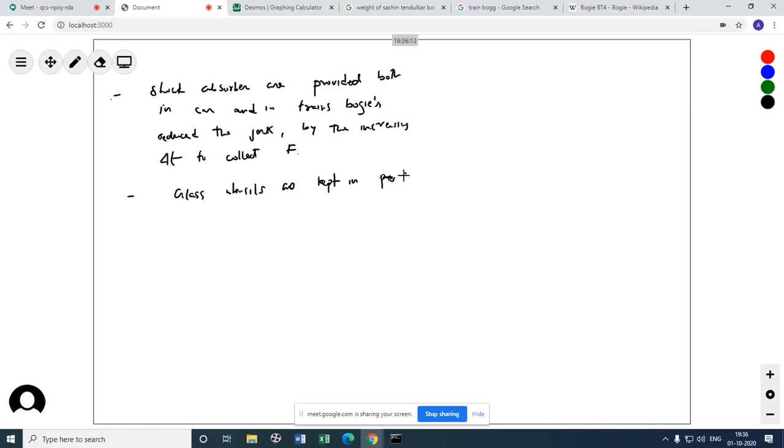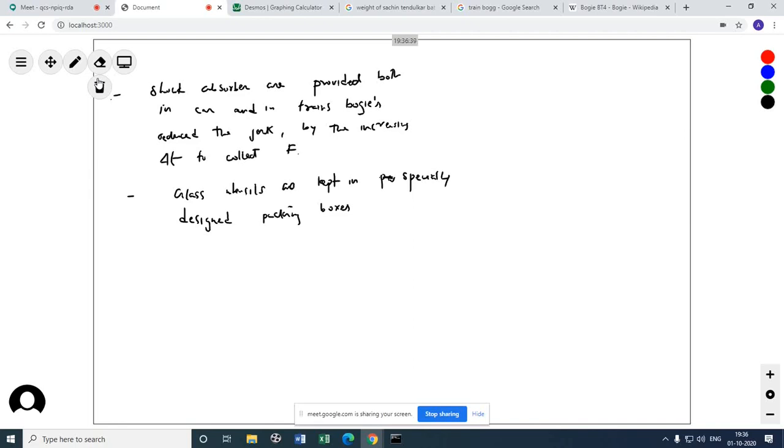These days you can see specially designed packing boxes. So these are all examples of impulses.